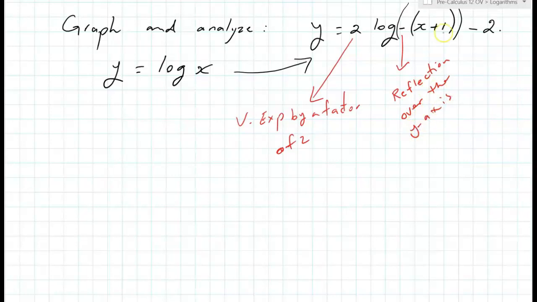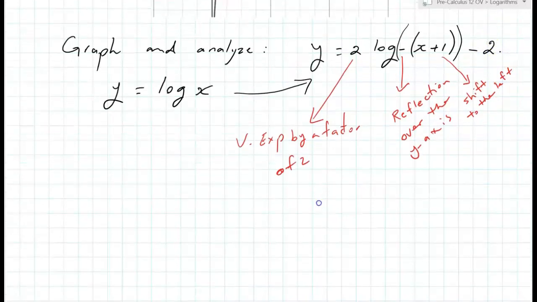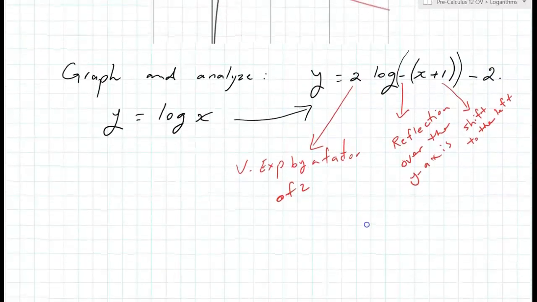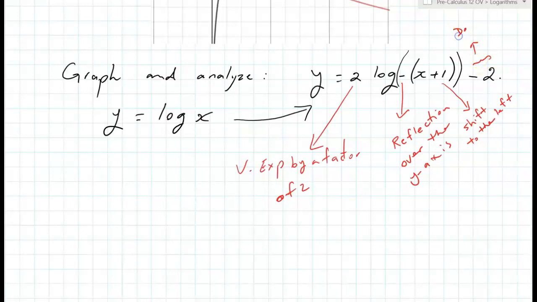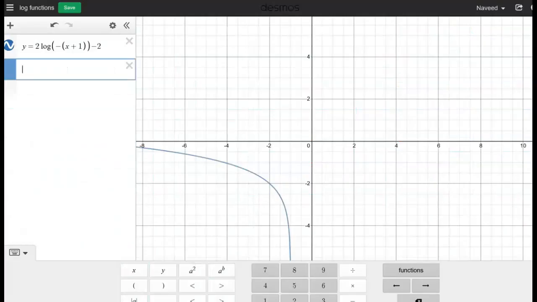We know that this plus 1 is the shift to the left. And we know that this minus 2 means the graph goes down by 2 units. Excellent.